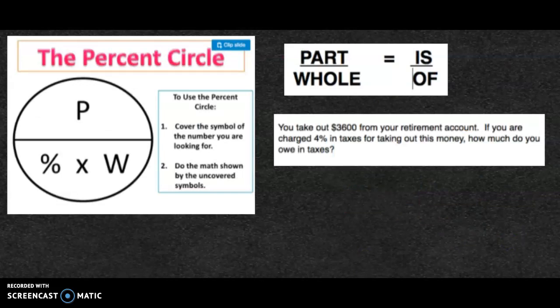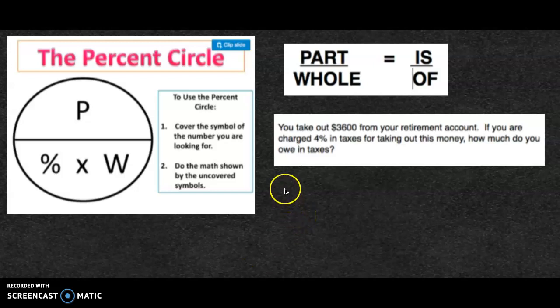Let's look at a fourth problem, a word problem. You take out $3,600 from your retirement account. If you are charged 4% in taxes for taking out this money, how much do you owe in taxes?